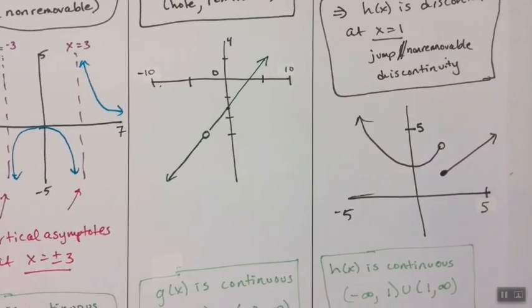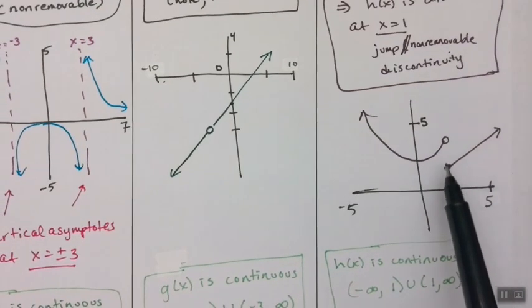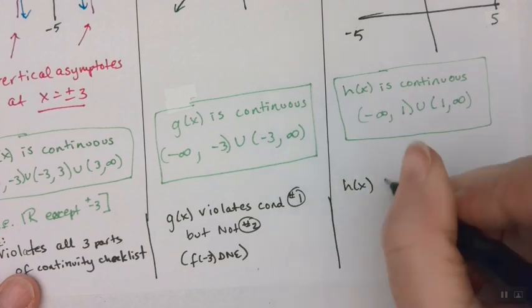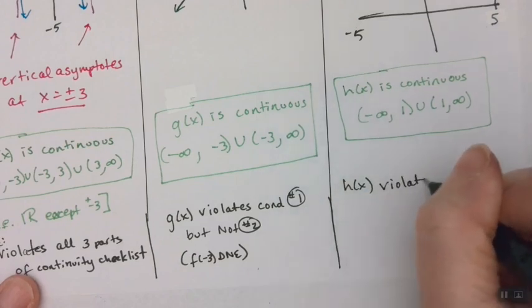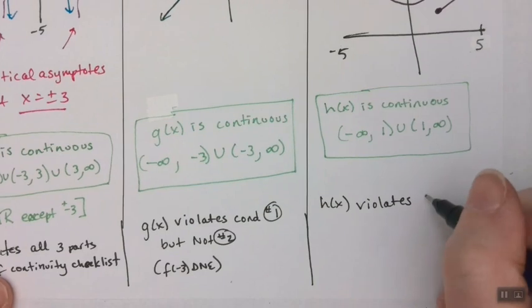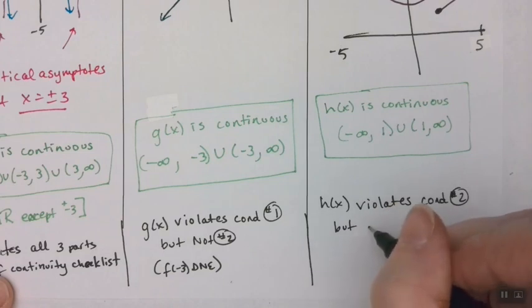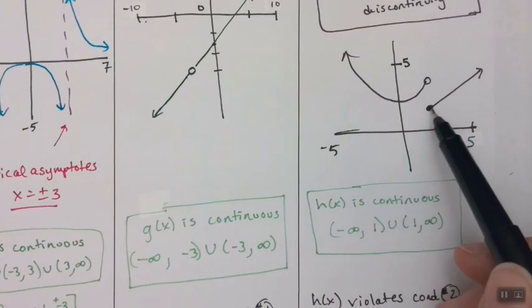Over here, we have a function value, right? So there is a function value at 1. So h of x violates condition 2. There's no limit. It violates condition 2, but not condition 1, because there's no limit, but there is a function value, and it's right there. It's that closed dot.